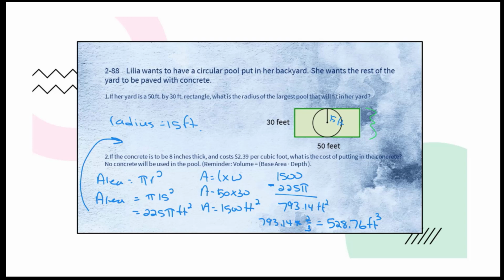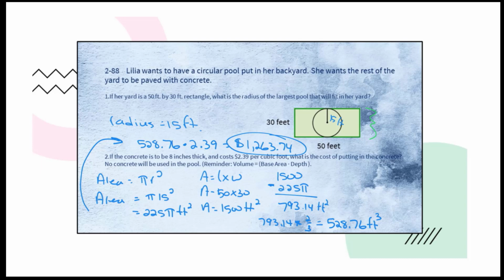So I'm going to multiply 528.76 times $2.39, and that will give us a final total of $1,263.74.